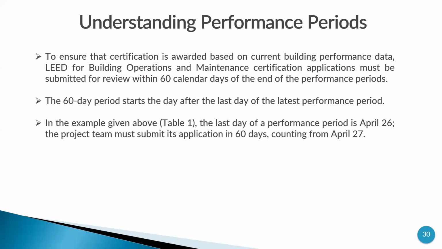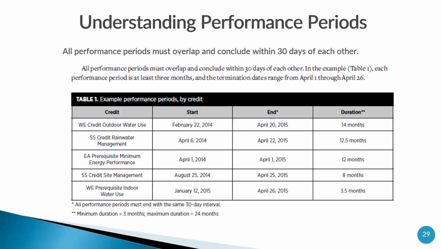To ensure that certification is awarded based on current building performance data, LEED for O&M certification applications must be submitted for review within 60 calendar days of the end of the performance period. If you see in this table, the performance period is ending when? April 26th, correct?